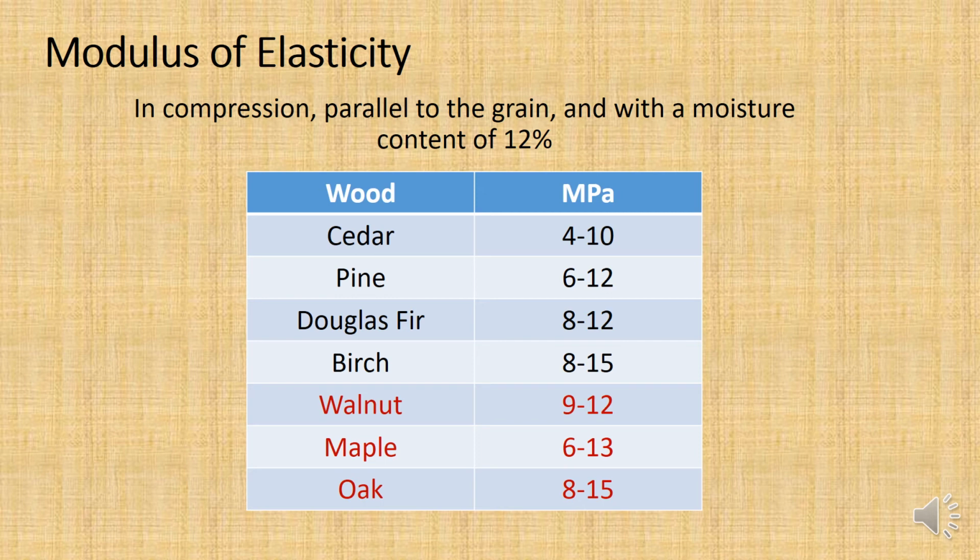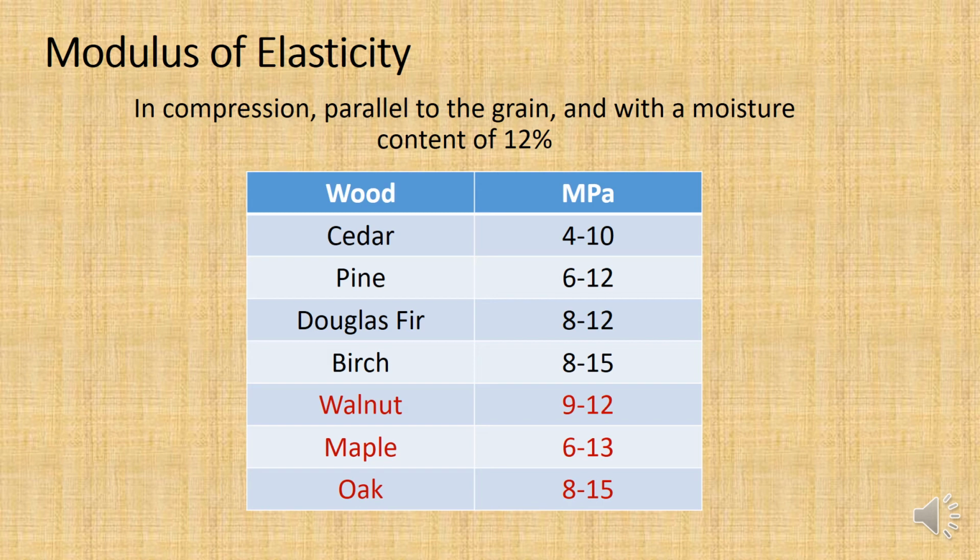If it is parallel to the grain, it's going to be stronger, but also slightly more elastic. All of these woods have a moisture content of 12%, so we're comparing apples with apples here.